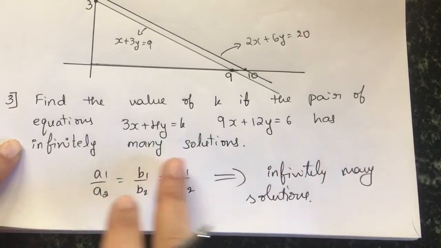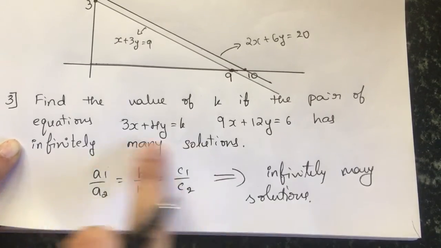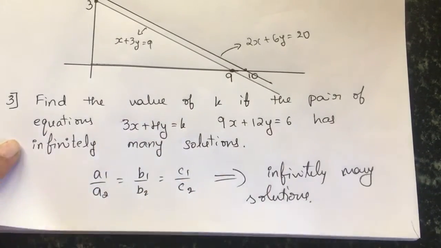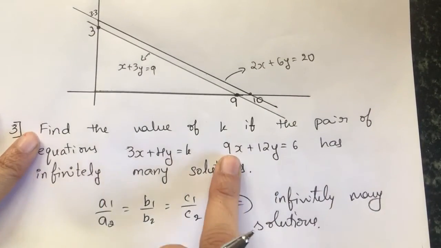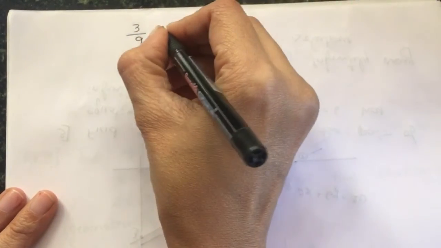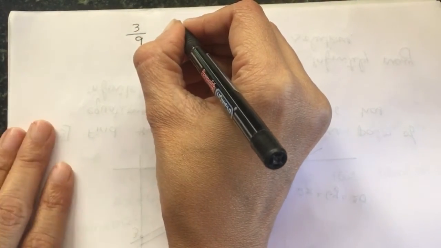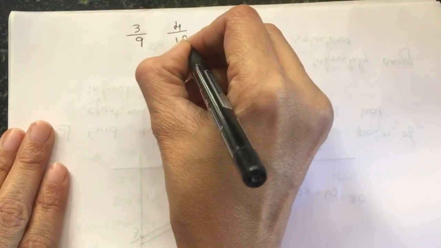It is given that it is having infinitely many solutions, so this should be equal in these two equations. So let me take a1 is 3 and a2 is 9, and b1 is 4 and b2 is 12.